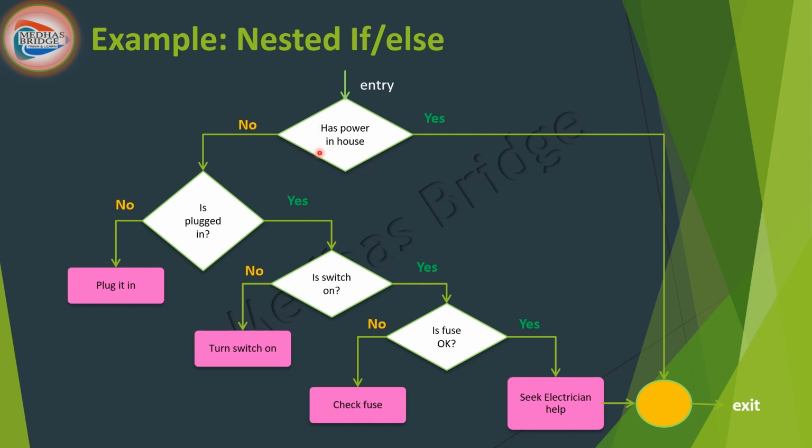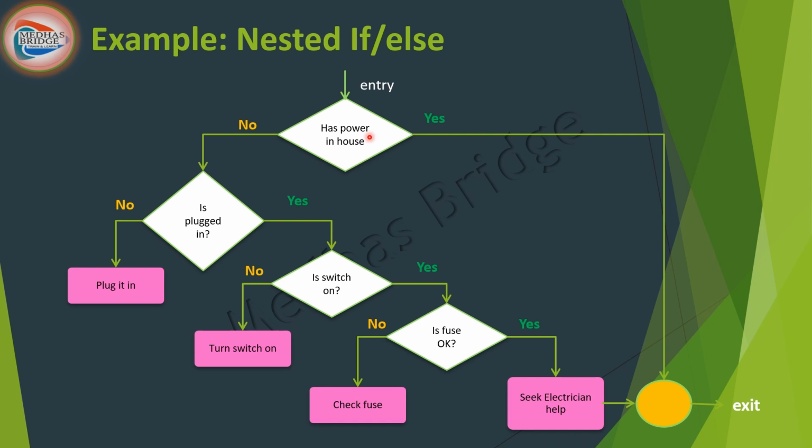Think about you are at a house and you are checking whether you have power in this house. Upon entry, you're checking whether there is power in the house. If the power is there, then you're good. So if the condition is yes, then you exit the program. You don't need to do anything. If no, then you have to debug the system, right?